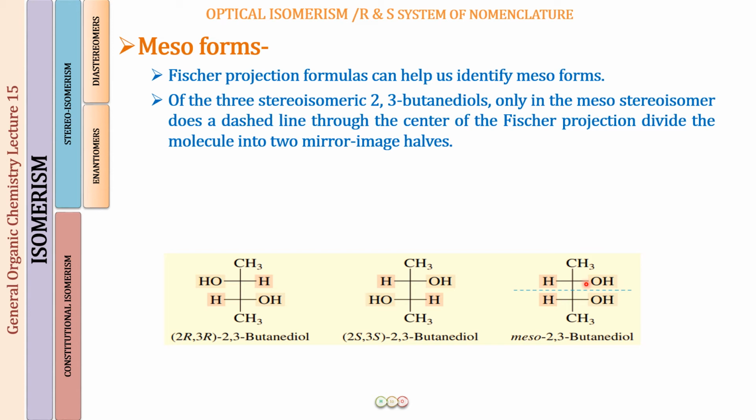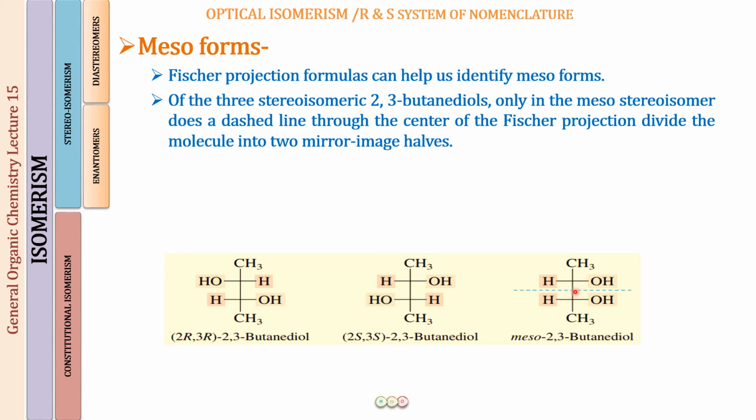And also what you can remember is that this molecule with a plane of symmetry has 2 chirality centers. So why does this molecule have optical inactivity? What you can think is that one of the chirality centers is going to rotate the plane polarized light, supposedly, in the clockwise direction. The other chirality center, because it is in the opposite configuration, one is R and the other is S, is going to rotate the plane polarized light in the opposite direction, and the total effect is going to be zero optical activity.